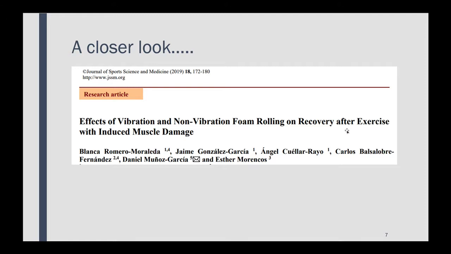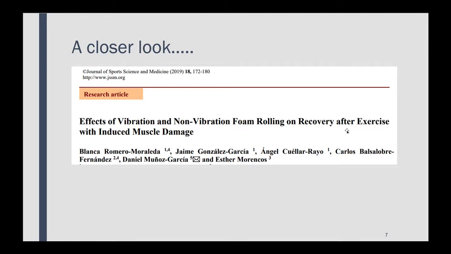So they're trying to give us a very specific answer. If I have in my gym foam rolls that can vibrate and those that don't, is it beneficial to use one over the other? Or maybe I only have non-vibrating foam rollers in my gym. Should I spend the money to get the vibrating foam rollers? Is there an added benefit? So again, this study tells me a couple important things that I may choose then to read further on.